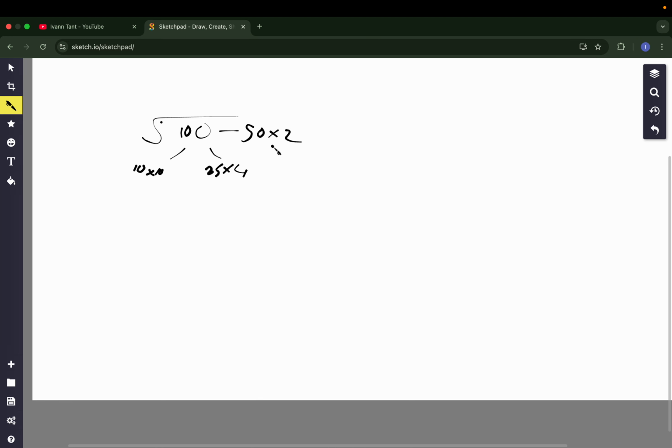So we're looking for something that can be square rooted. 10 can't be square rooted anymore, so not that. But 25 can be square rooted to just 5. And 50 can't be by itself.